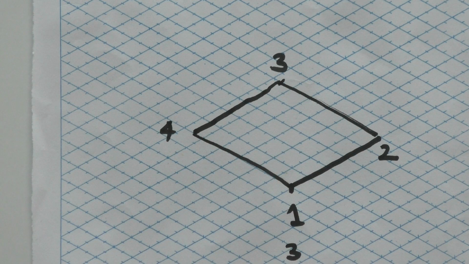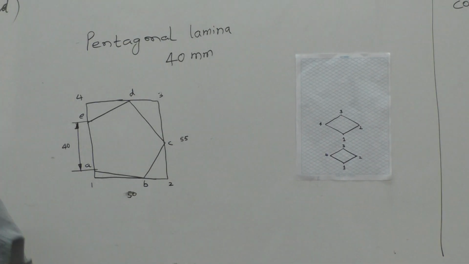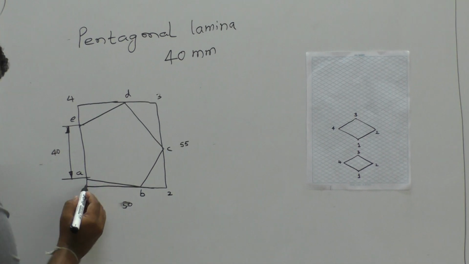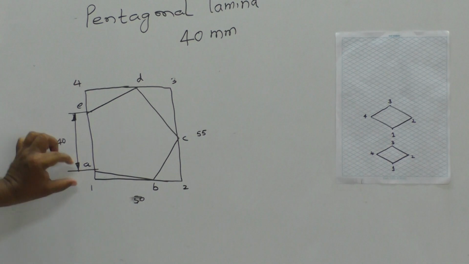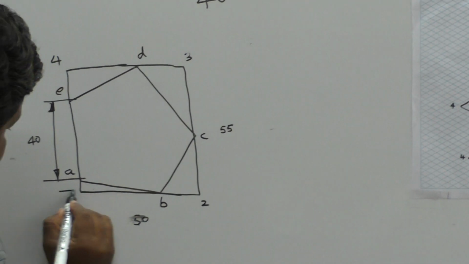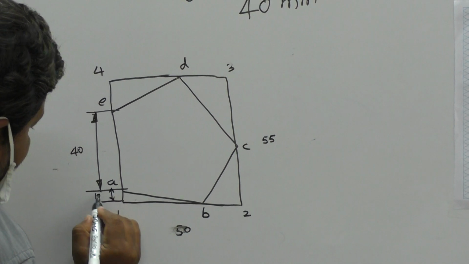So now you can see in this plane figure, all the corners of this lamina are enclosed in the box. Now I have to measure the dimension 1 to A. Suppose 1 to A measures 10 millimeters.